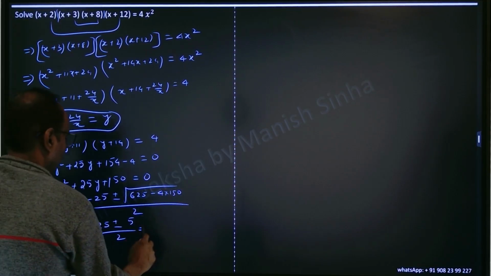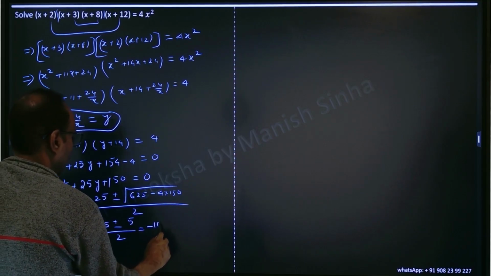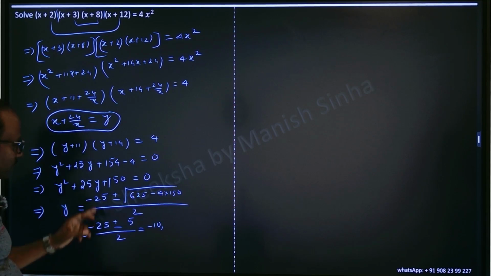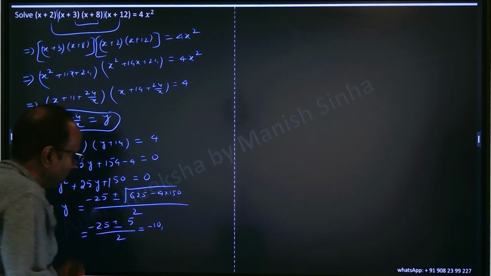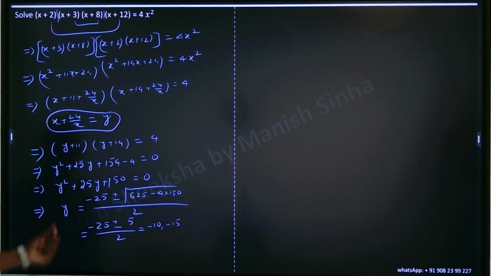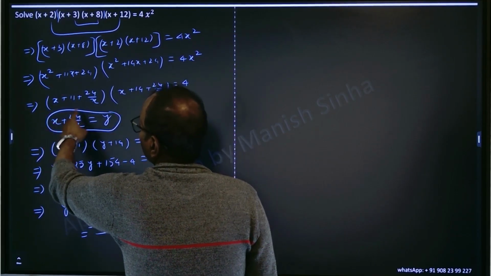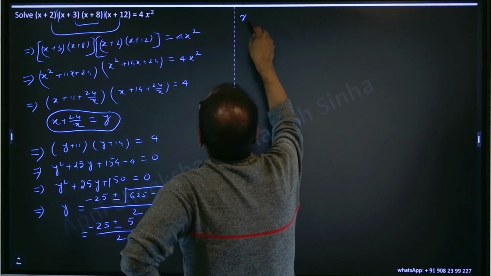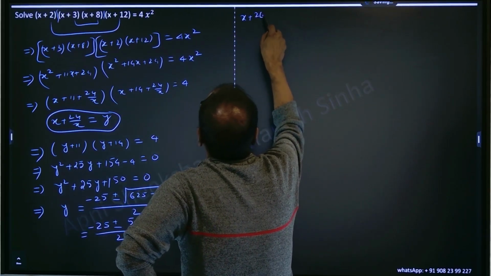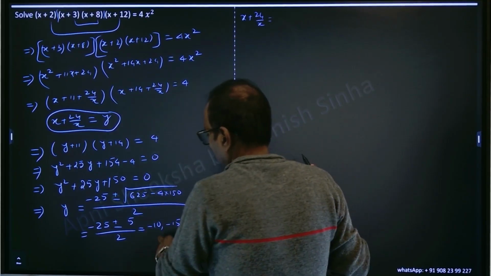Minus 25 plus 5 is minus 20 by 2, so minus 10. Minus 25 minus 5 is minus 30 by 2, minus 15. So you got two values for y, so use the y. We have taken x plus 24 by x as your y. So first value is minus 10.